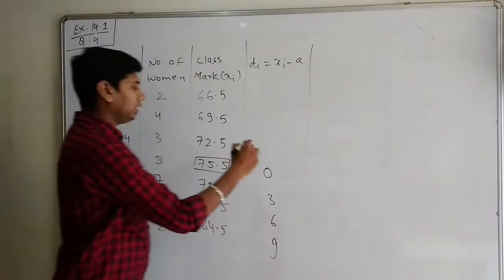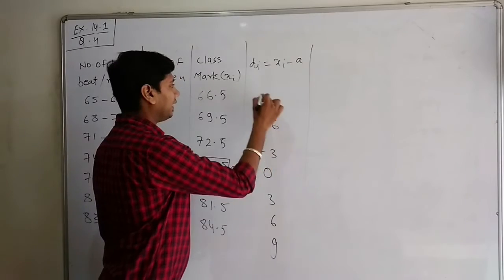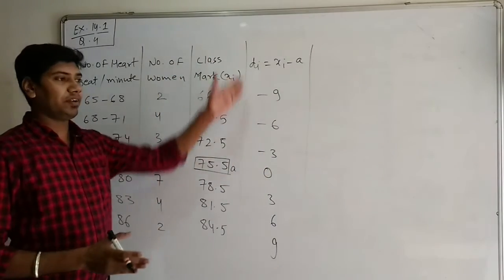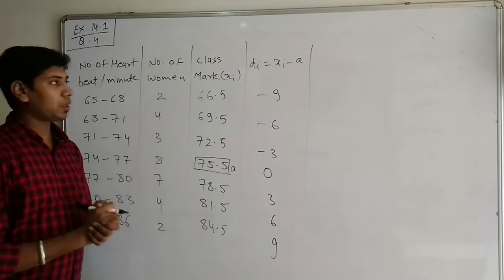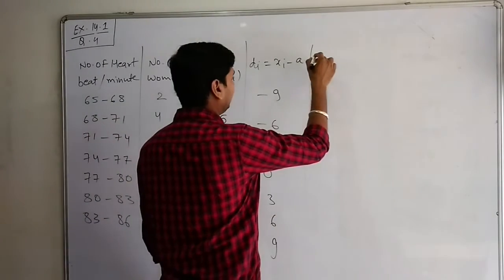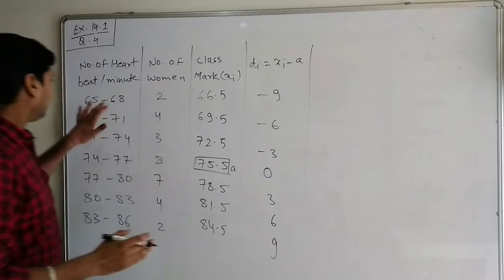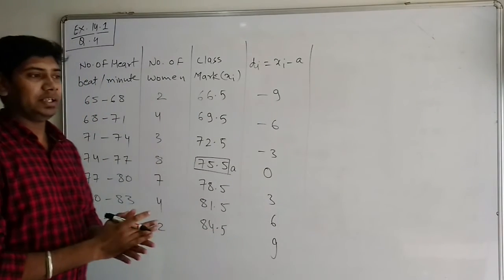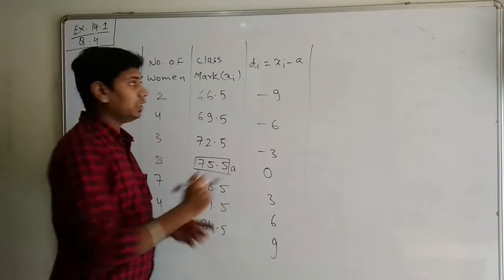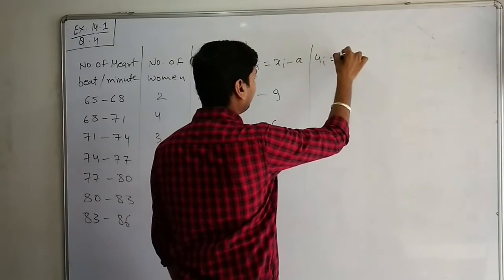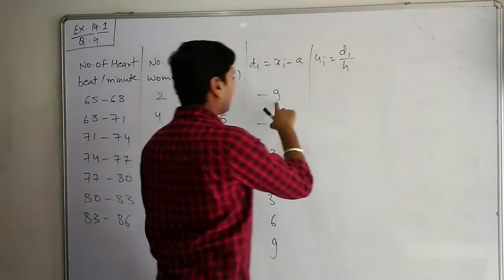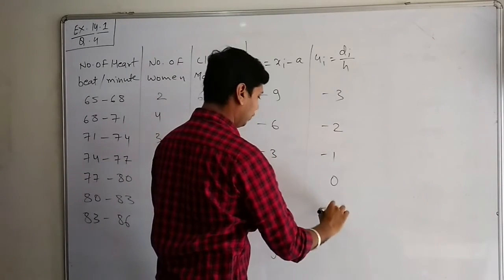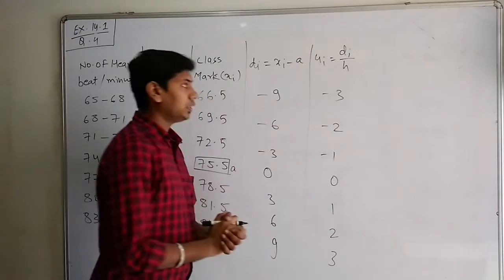And in the upward direction, it is minus 3, minus 6 and minus 9. Understand? So directly we can find the deviation of the given data. Now the next step is ui. Here class size is 3 and all the numbers are multiples of 3, so we can easily divide by 3. We find ui. Ui is equal to di by h. Minus 9 divided by 3 is minus 3, minus 2, minus 1, 0, 1, 2 and 3.